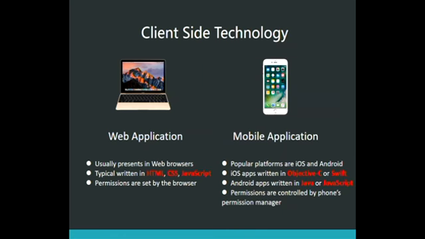And every time you use some kind of app that's requesting your geolocation, you're probably going to get a notification from your browser as well. That's requesting permissions. For mobile apps, the popular platforms are iOS and Android.